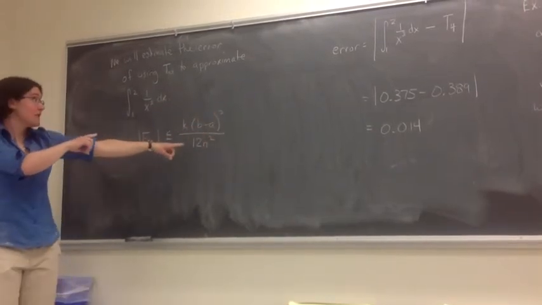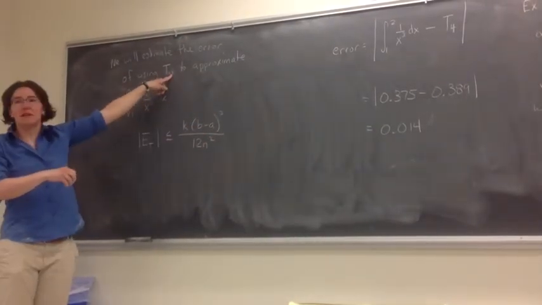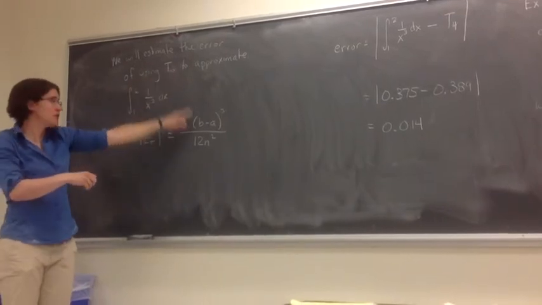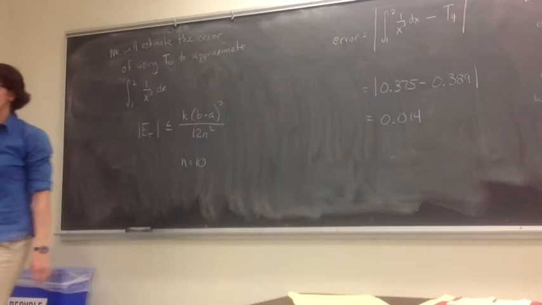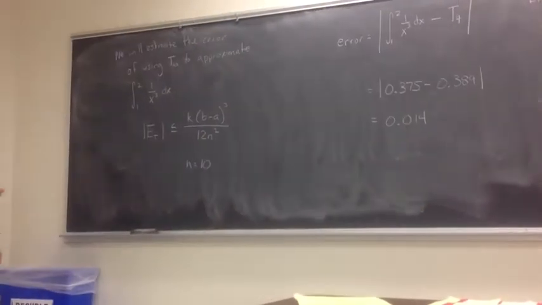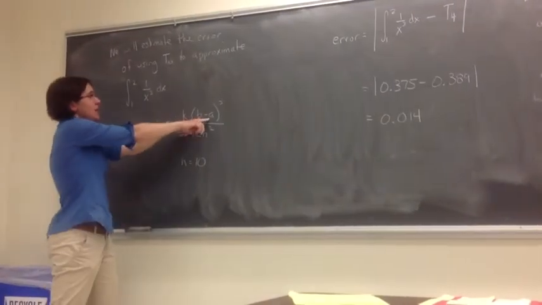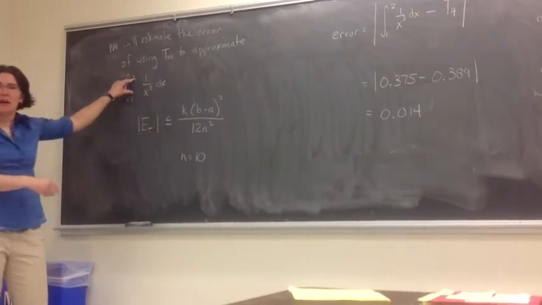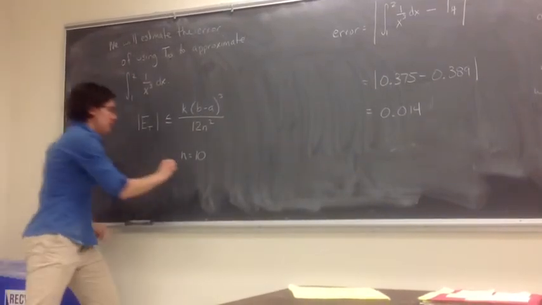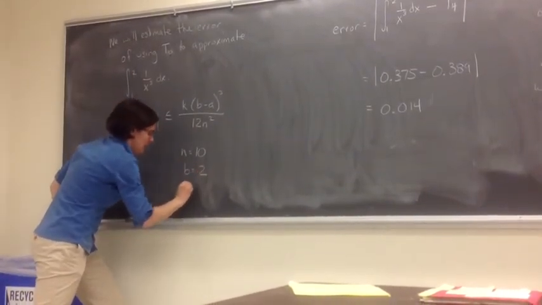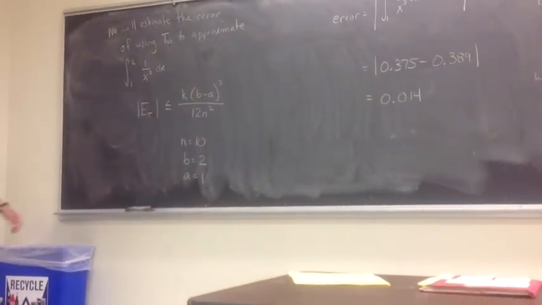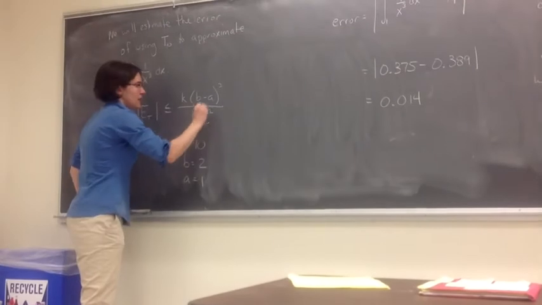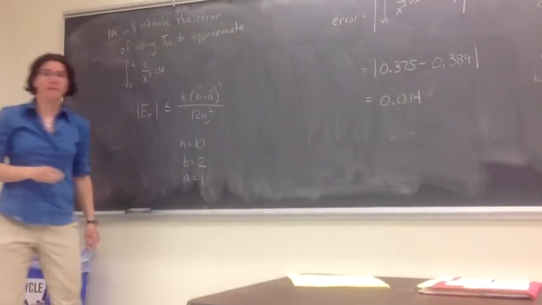Some easy things to fill in first. I see my subscript of 10, so that's my n: n is equal to 10 subintervals. And my b and my a are my upper and lower bounds, so b is equal to 2 and a is equal to 1. I've taken care of the n, the b, and the a.